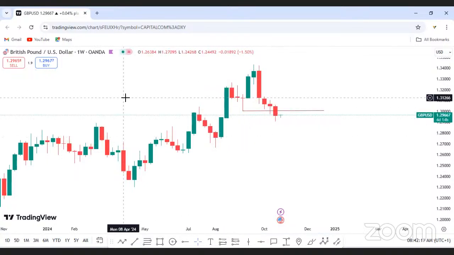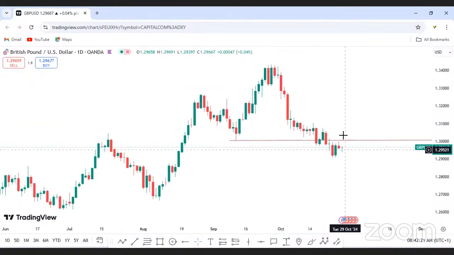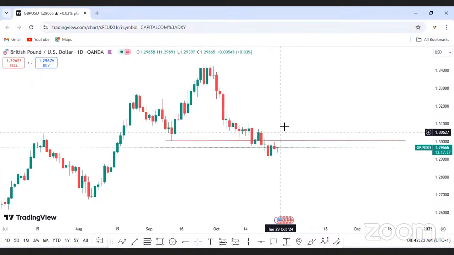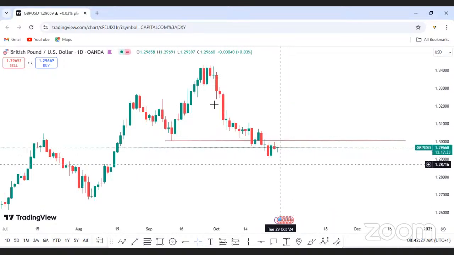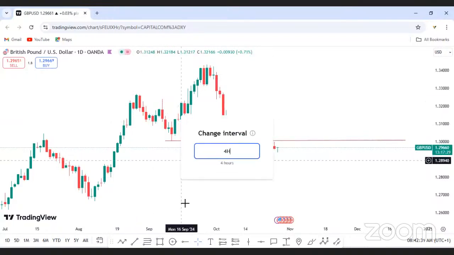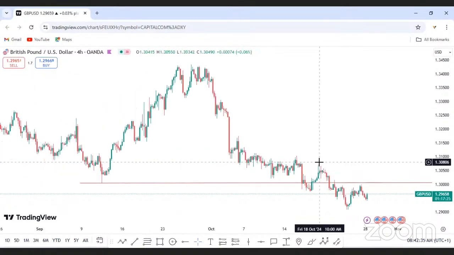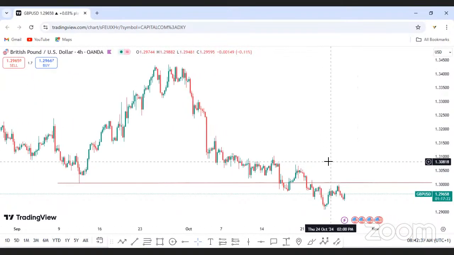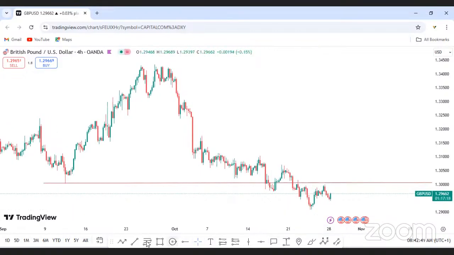However, on the daily time frame, we'll be expecting some retracements and then the continuous sell-off for GBP USD, riding it all the way to the downside. So now let's look at the 4-hour time frame so that we could get possible points of interest for this buy when it's finally exhausted, and then where we could start seeing the sell-offs from.